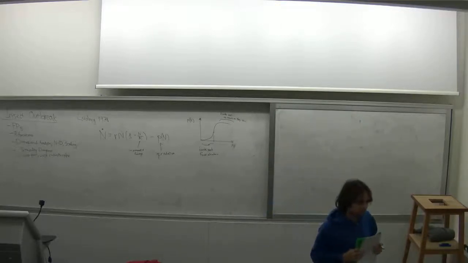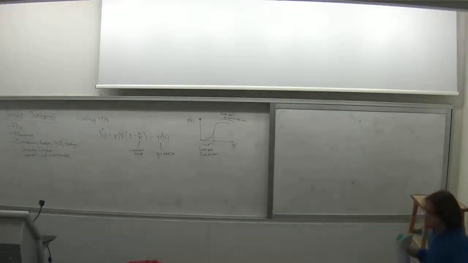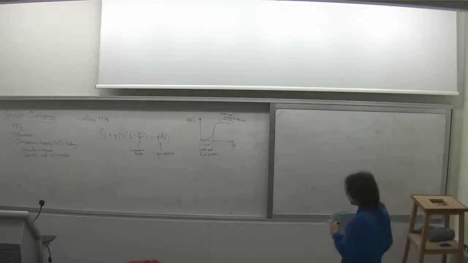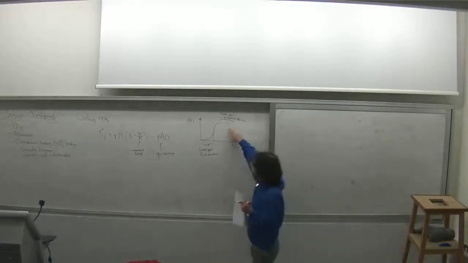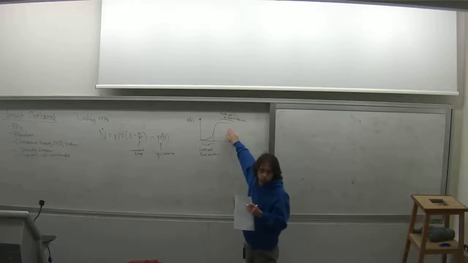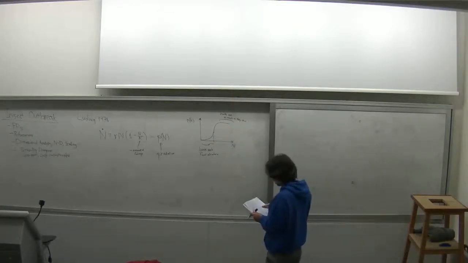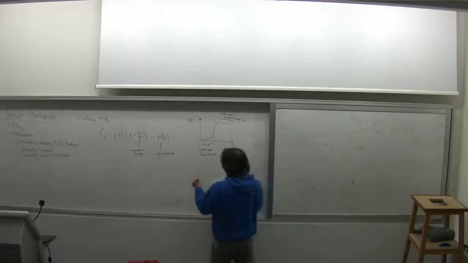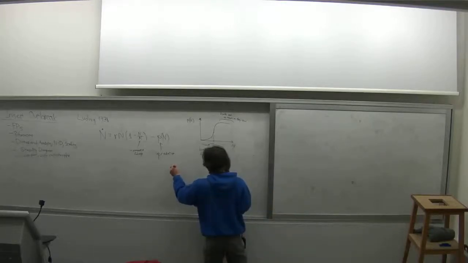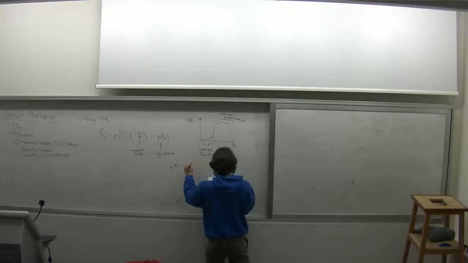Okay, so even if there are many, many worms, there can be a limited rate at which the birds eat them. So we have a sigmoid. And the equation that was given for this was of this type: b n squared over a squared plus n squared.